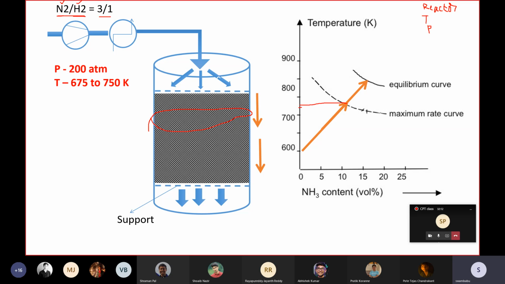See, this is a huge packed bed reactor operating at 200 atmosphere. That means it has at least a few centimeters of thickness. If you circulate around this, can the inside, at the center point, get cooled?